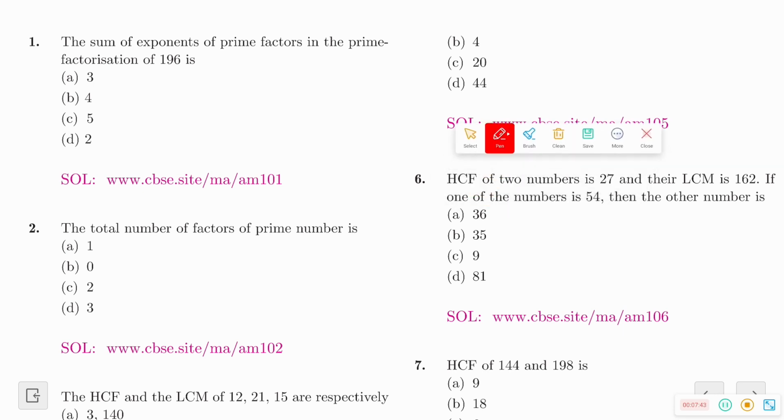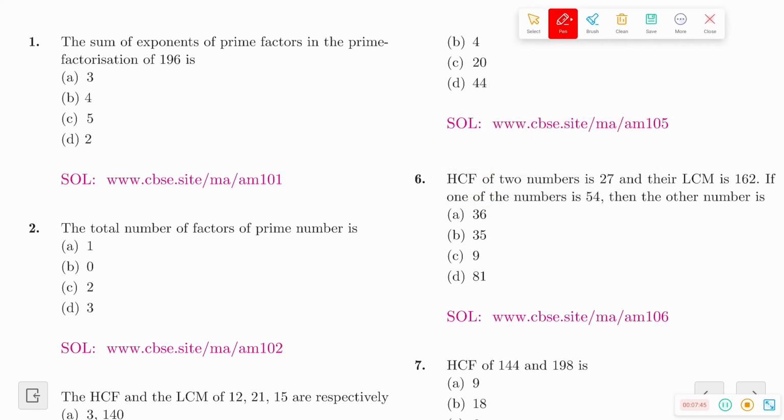Now the next question. HCF of two numbers is 27 and the LCM is 162. If one of the numbers is 54, then the other number is... The previous question's option is C, 20. Now here, we know the HCF of two numbers. Let us take A, comma, and one of the numbers 54.